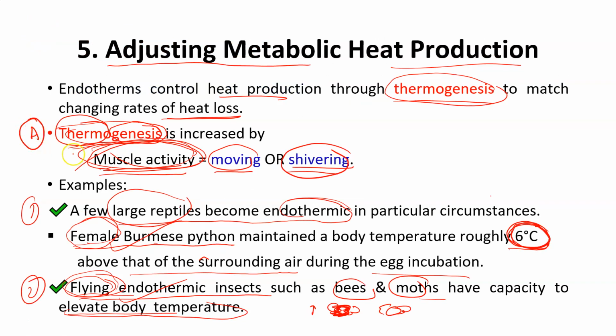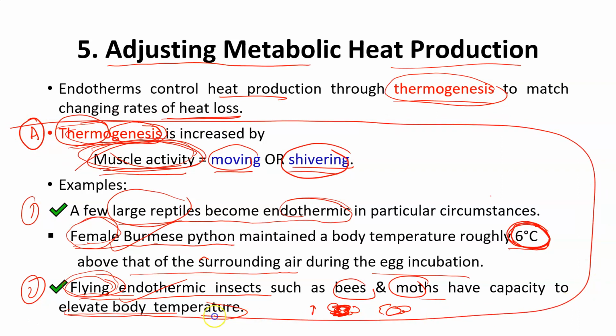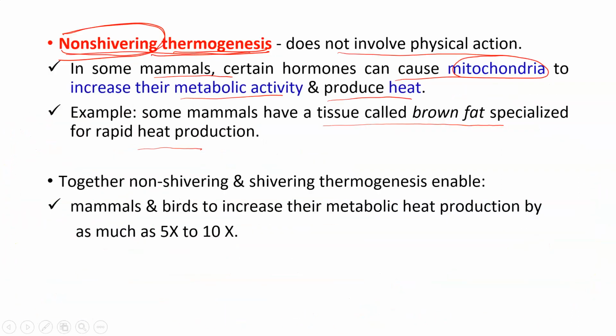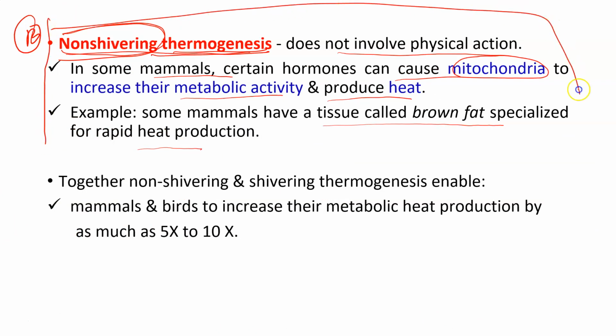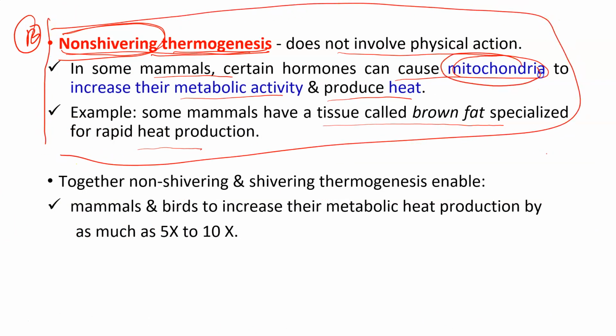Thermogenesis melibatkan muscle activity, okay, this one here. B, okay, non-shivering thermogenesis yang melibatkan mitochondria to undergo rapid cellular respiration, increase metabolic rate to increase heat production. Okay, so some mammals have tissue called brown fat, specialized for heat production.